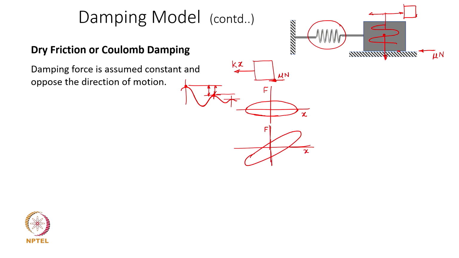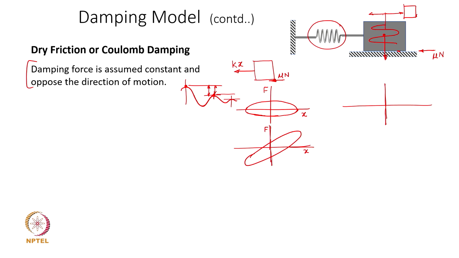What kind of force displacement relationship do we expect if we have Coulomb damping in action? This first statement itself tells us what kind of graph we expect in a Coulomb damping.